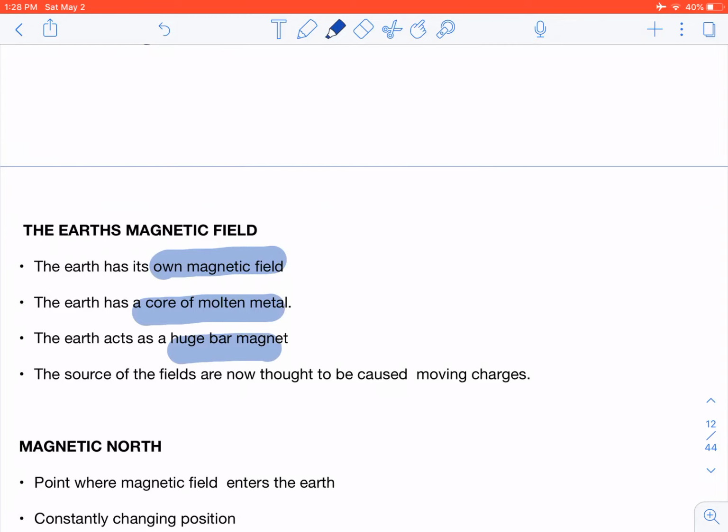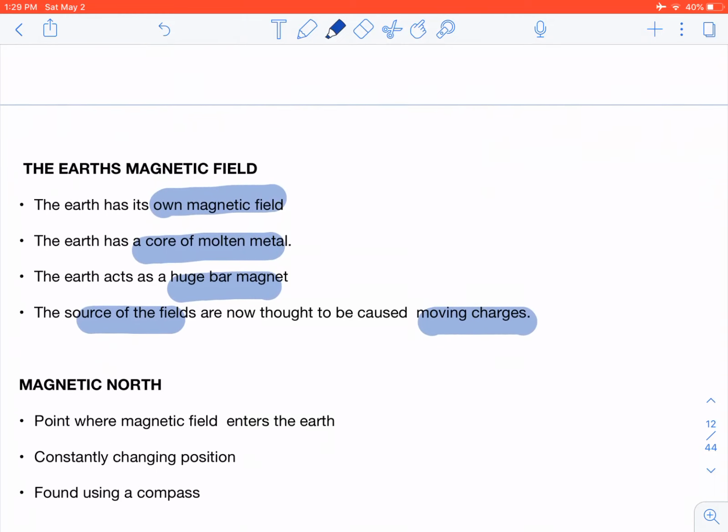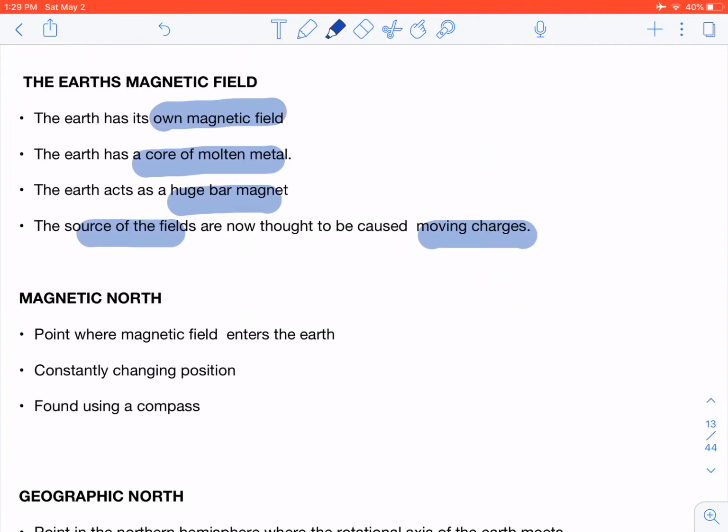We know that the source of these fields is moving charges. So a moving charge causes a magnetic field. If the charge is stationary, it has only an electric or electrostatic field.